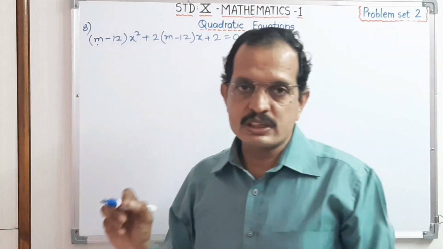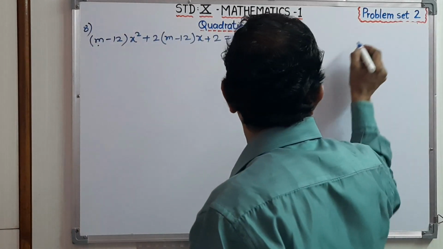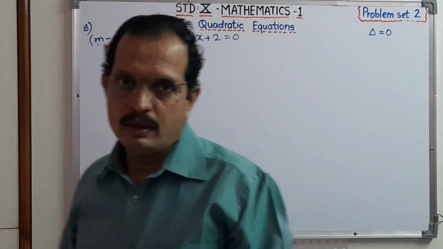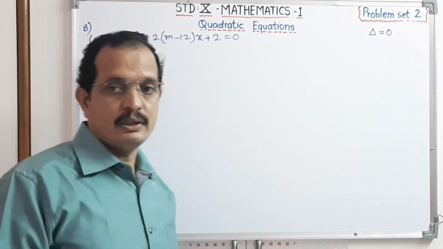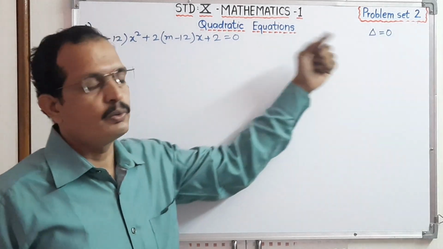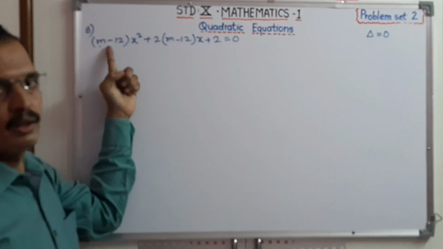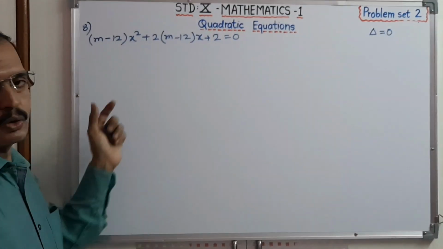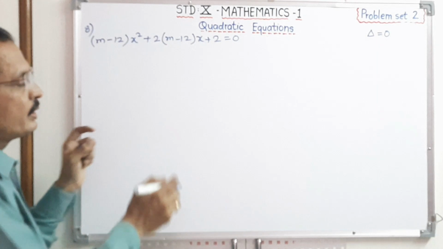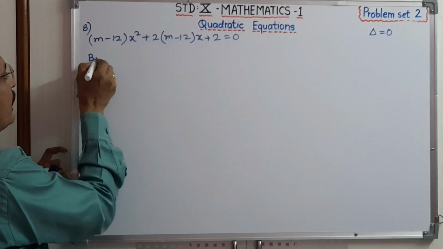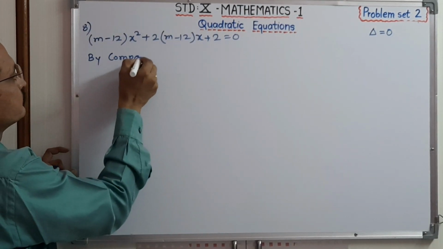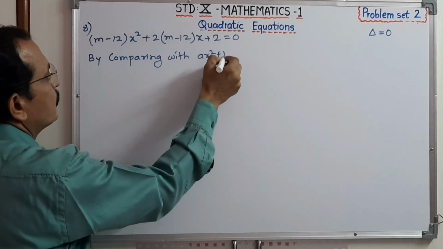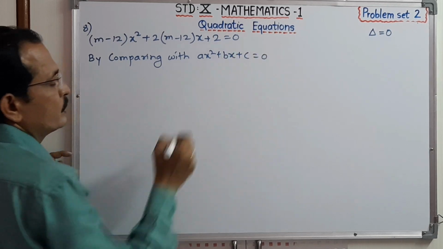Now roots are real and equal. Roots are real and equal, that means delta must be a 0. That means, in short, what is given? Value of delta is 0. Find out the value of this m. Now for that purpose, this is a quadratic equation in a standard form. Therefore directly we have to write here by comparing with ax square plus bx plus c equal to 0.